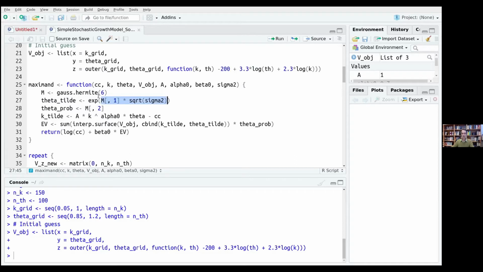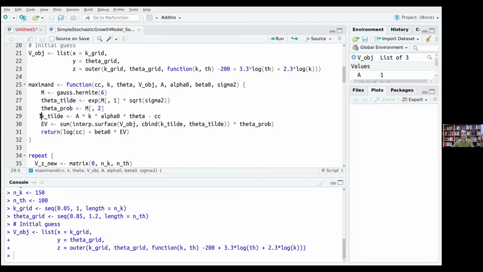We put this into the exponential function to get rid of the log. And then these points are the technology levels in the next periods where we need to evaluate the value function. So this is theta tilde. And the corresponding probabilities or weights are given in the second column of this matrix M.